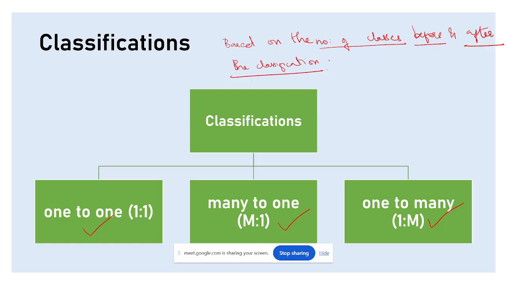And this name itself is pretty straightforward when you think about the definition. So one-to-one is when you have the number of classes before, so I'll just write it here.